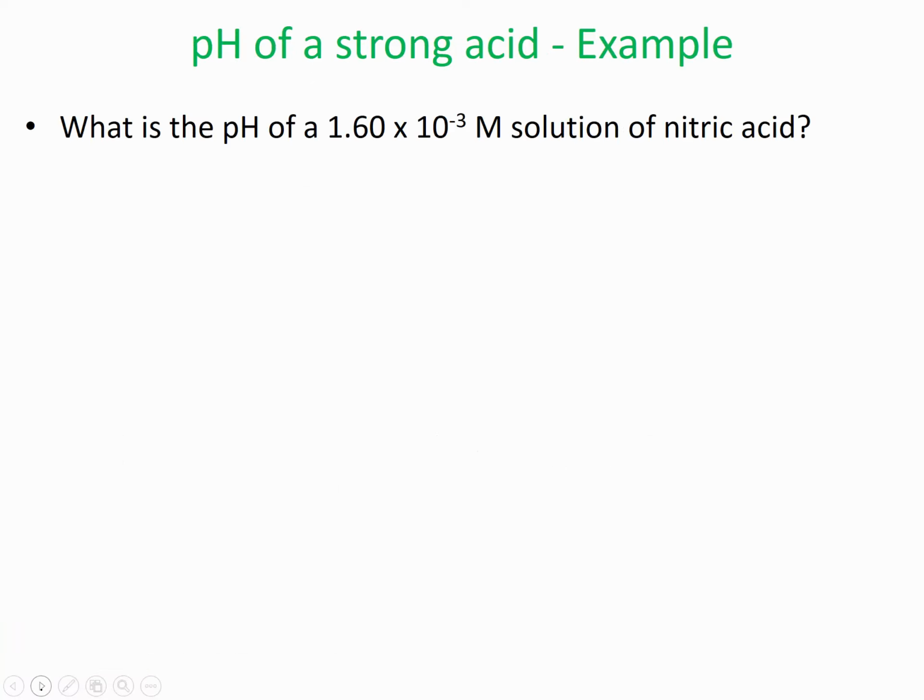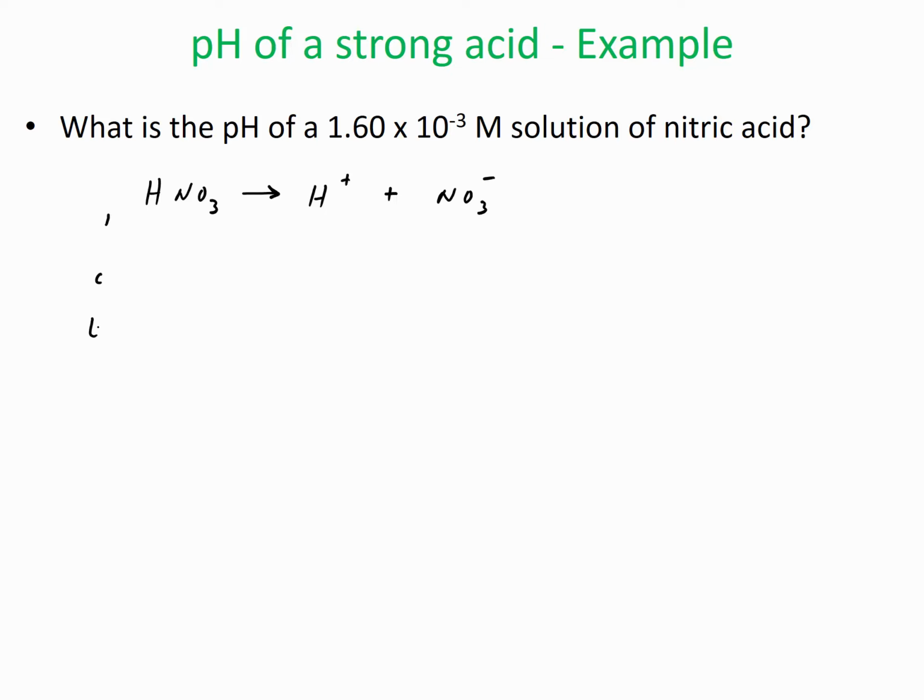The first one I have is a simple strong acid example. Remember, strong acids are totally different from how you do weak acid problems, and this is one of the several reasons why you want to have these memorized: the H plus and the NO3 minus are totally going to dissociate.